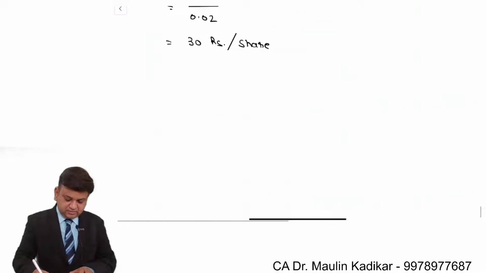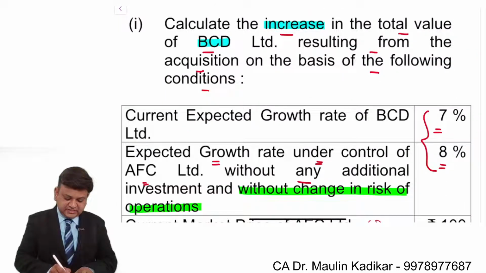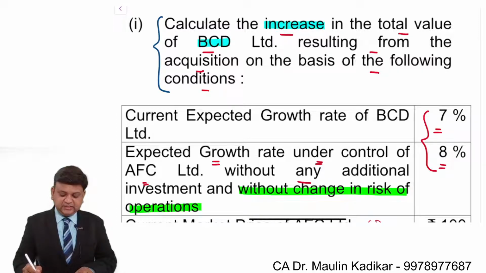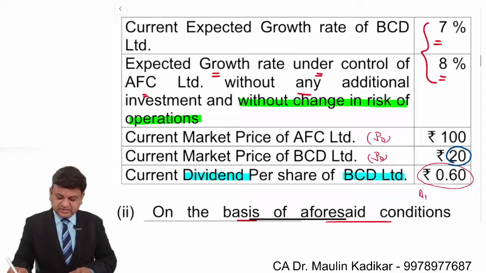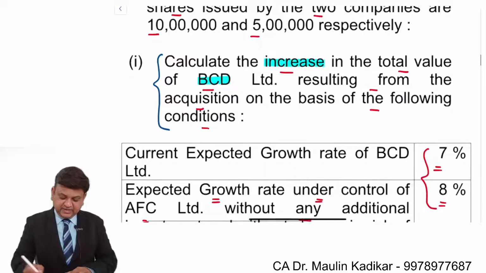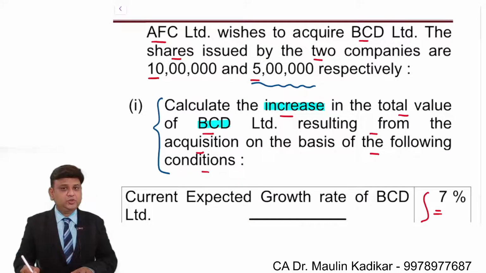Next is the answer of the question. The question says to calculate the increase in the value of BCD Ltd. So friends, it was 20, now it is 30. So there is an increase by rupees 10, and we understand that there are 5 lakh equity shares. So 10 rupees of the increase into 5 lakhs.